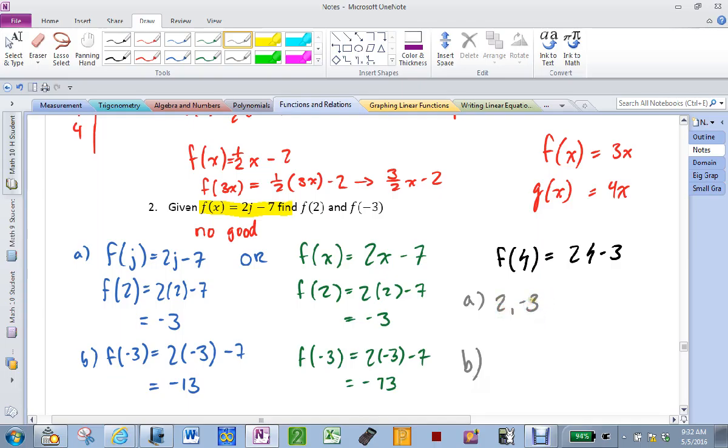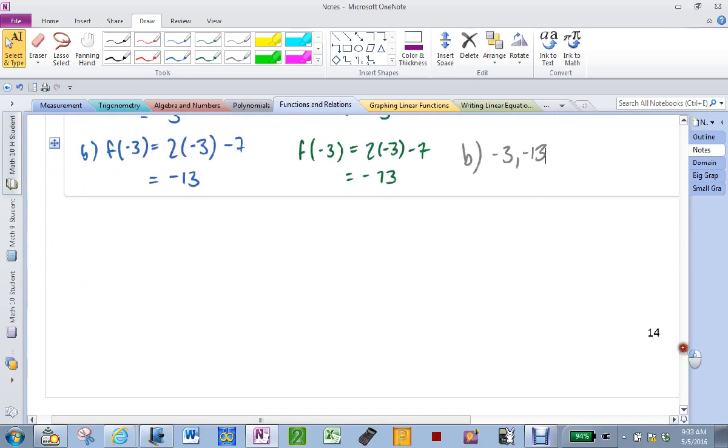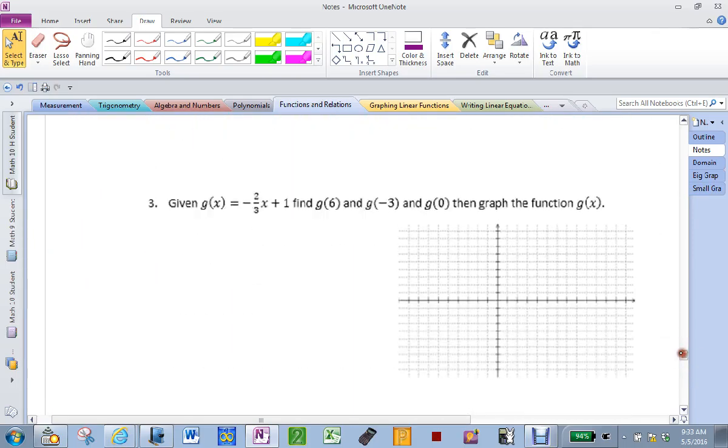Why is it 2, -3, Alon? 2 is the input, 2 is the X, -3 is the, so it's the Y. Everybody understand? So what's this guy's point? -13. Everybody got it? Sweet. Let's move on.